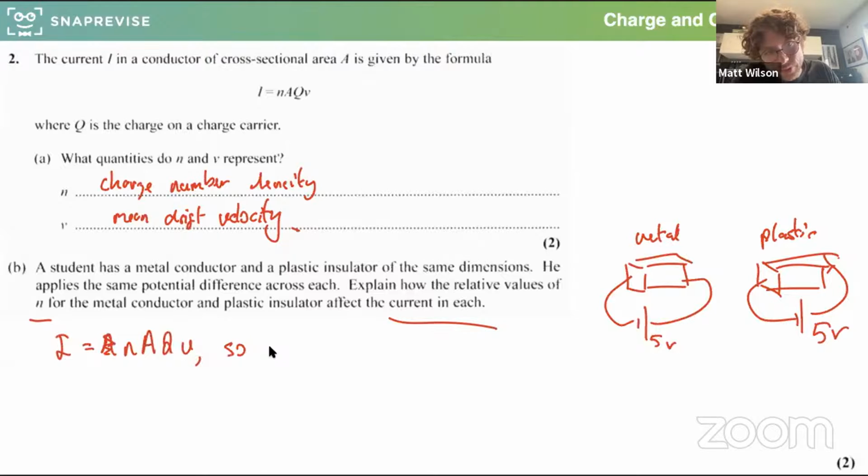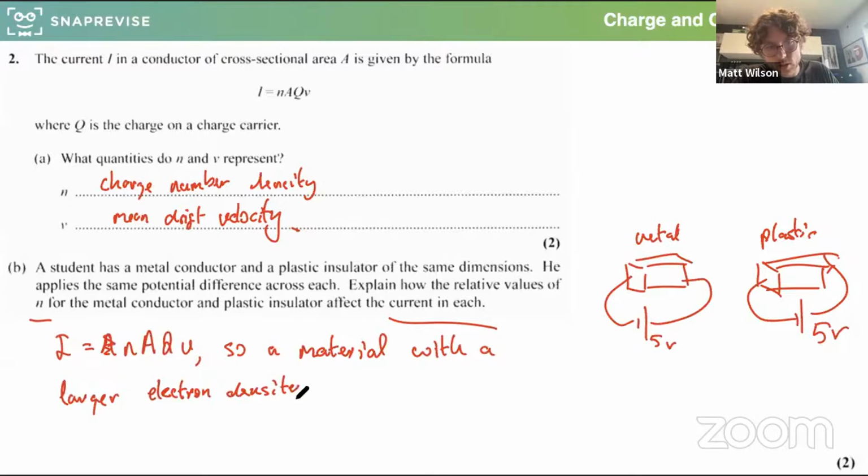So a material with a larger electron density N will allow a larger current.